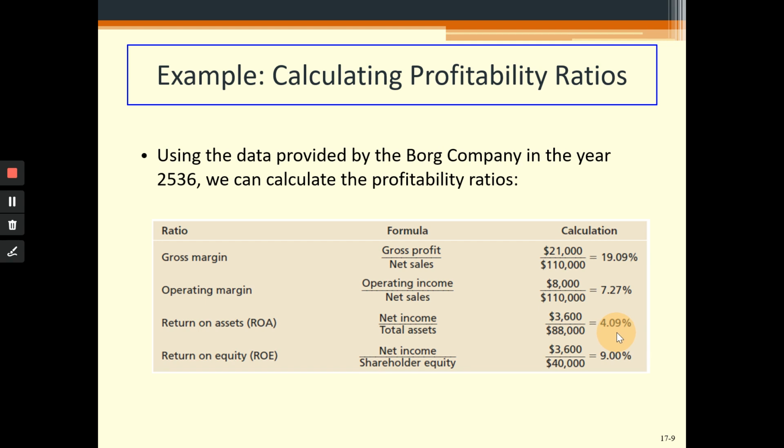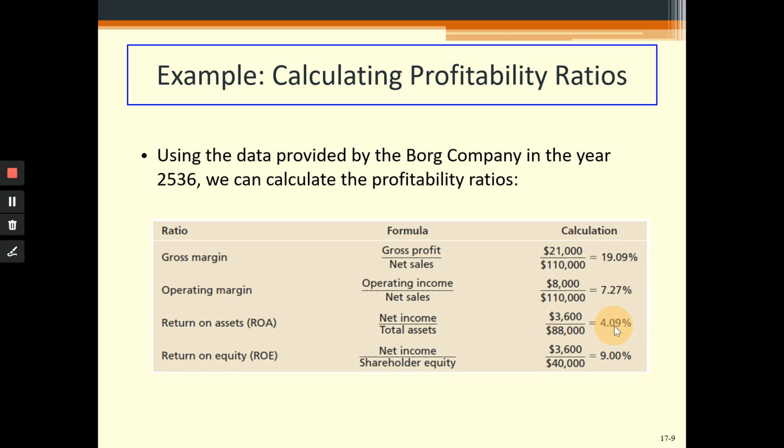But if the company has debt, and the interest on that debt is less than the return on assets, return on equity is always higher than the overall return on assets.